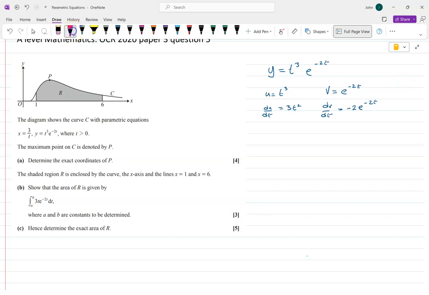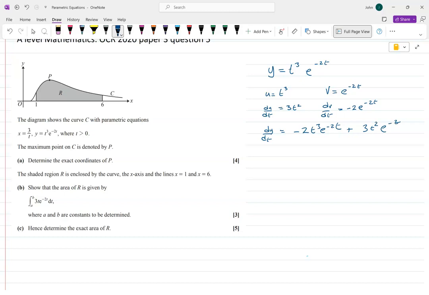So we can do the product rule on that to get dy by dt. Cross multiply and add. So dy by dt is equal to minus 2t cubed times e to the minus 2t. That's that bit there. And then plus these two multiplied by each other here, so that's 3t squared times e to the minus 2t.